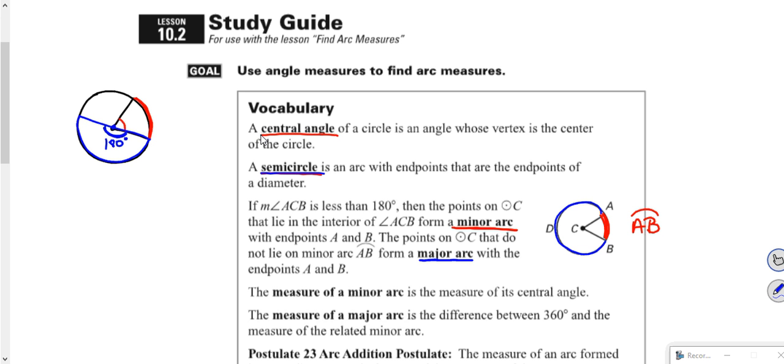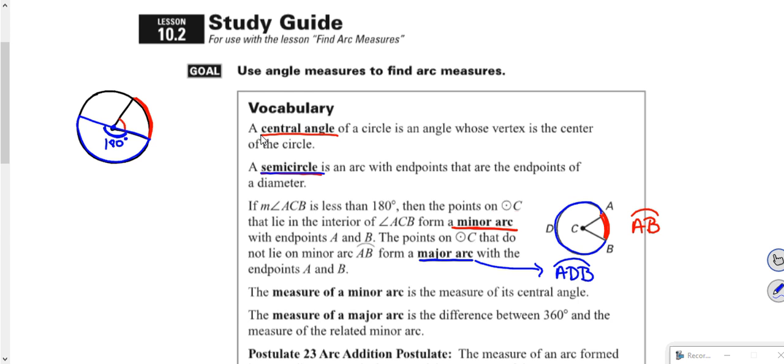So the major arc would be arc ADB with a little arch above it. Okay, so minor arc less than 180, major arc greater than 180. Major arcs and semicircles usually have 3 letters that define them, so you know what direction you're going.